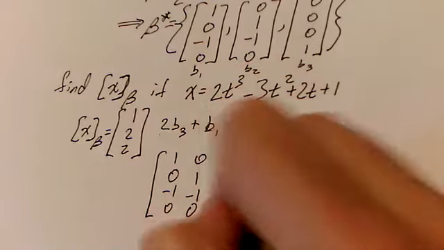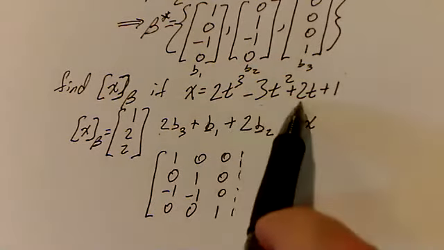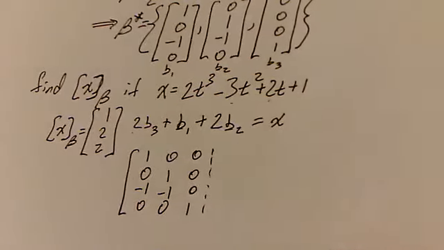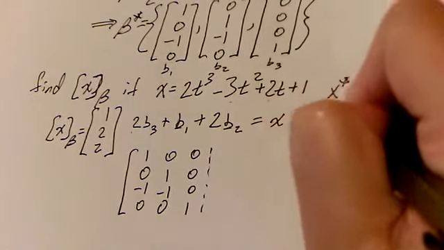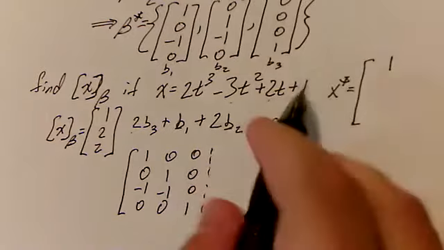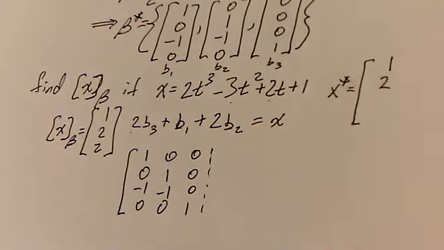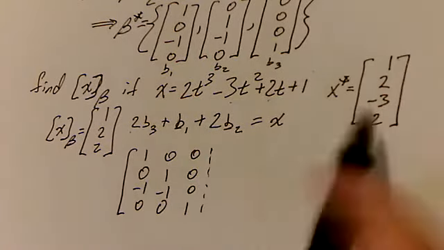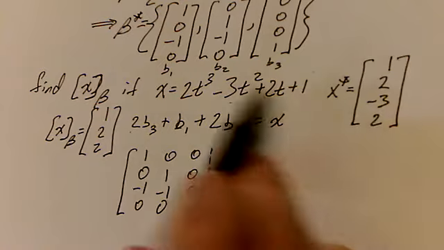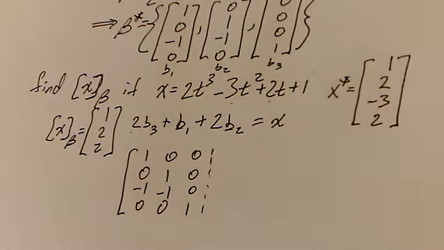And I'm going to augment that with the corresponding vector. Let's call this x star. x star has 1, 2t, minus 3t squared, and 2t cubed. So this is the corresponding vector in R4 that matches up with this vector in P3.